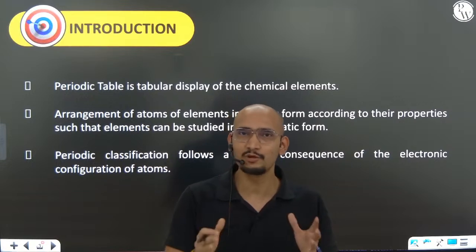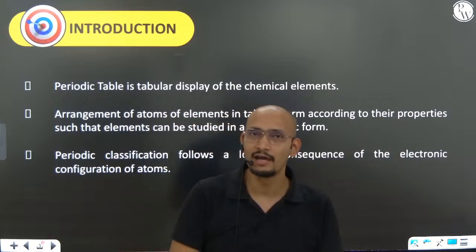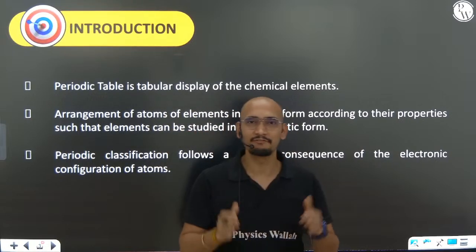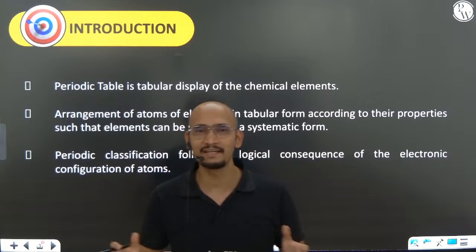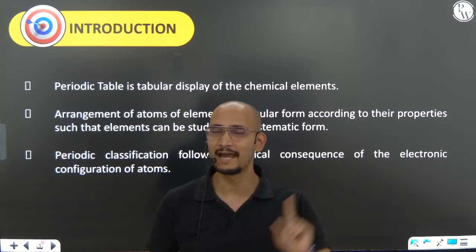This paved the way towards the modern periodic law, which says that the physical and chemical properties of elements are a periodic function of their atomic number, not the atomic mass.